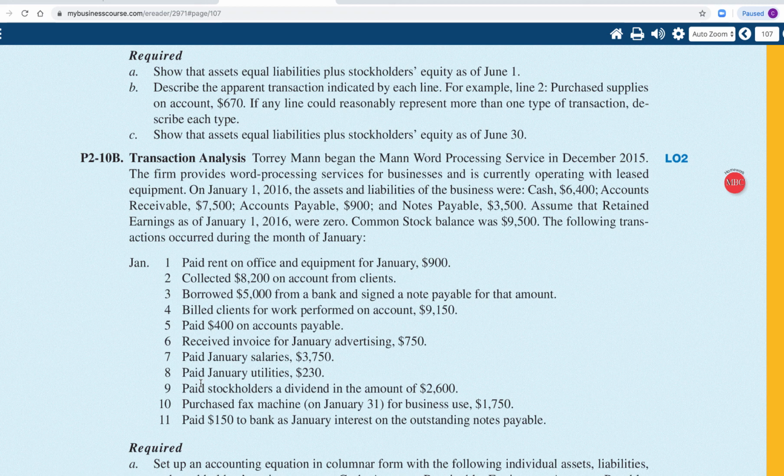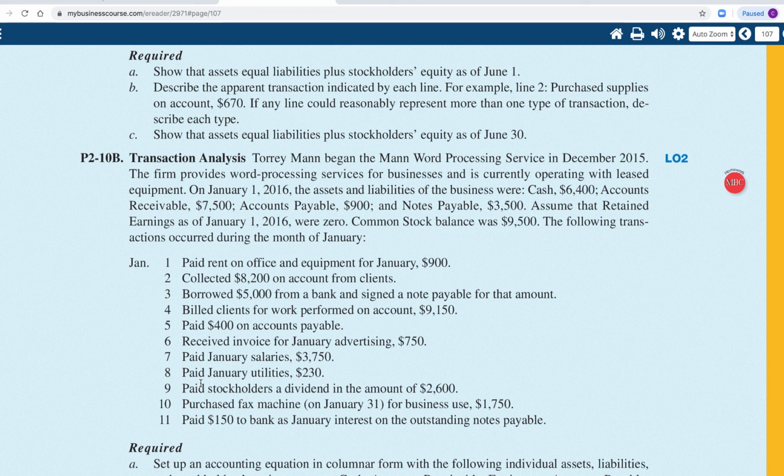Okay, so we used cash to pay this bank for the privilege of borrowing money, right? That's basically what interest is. A bank charges us, whether it's a corporation or individually, a certain percentage for the right to use that money. That's what this is. So we paid $150 to bank as January interest on the outstanding notes payable, okay?